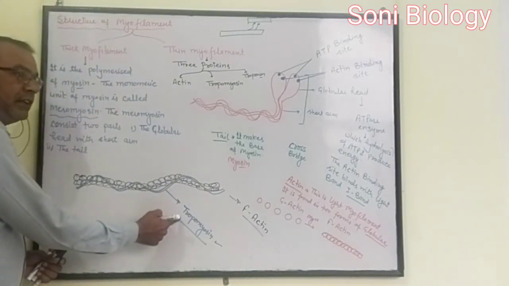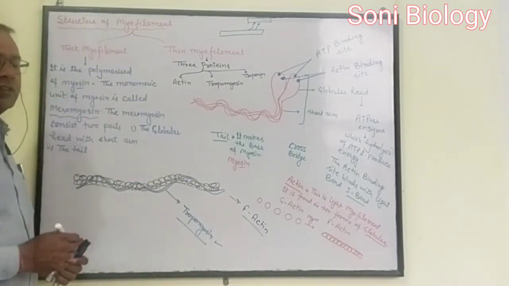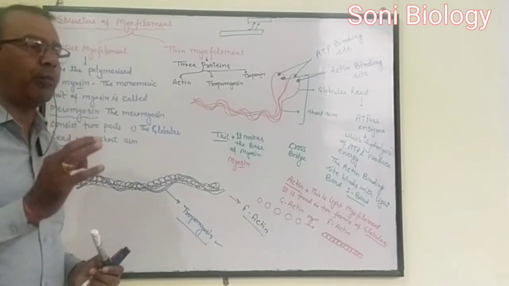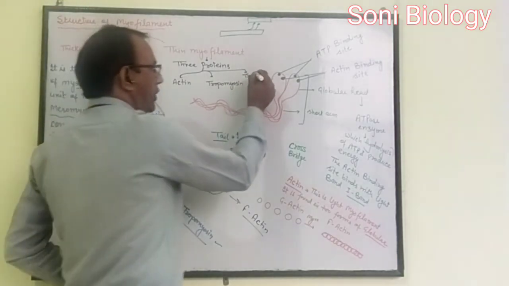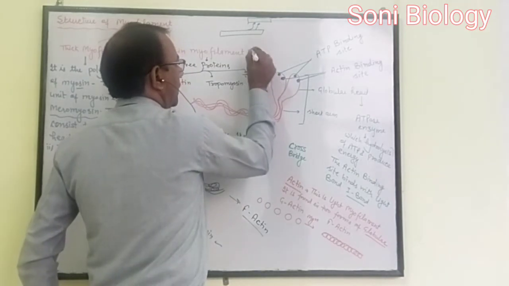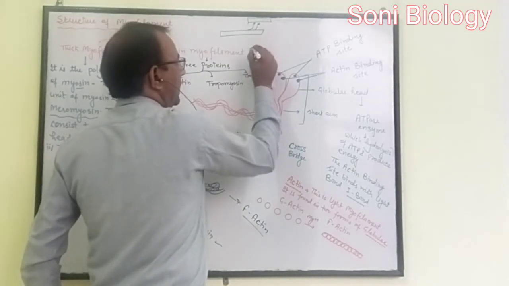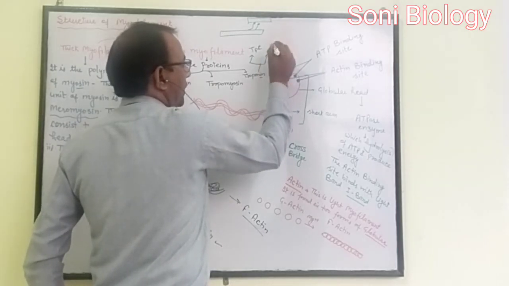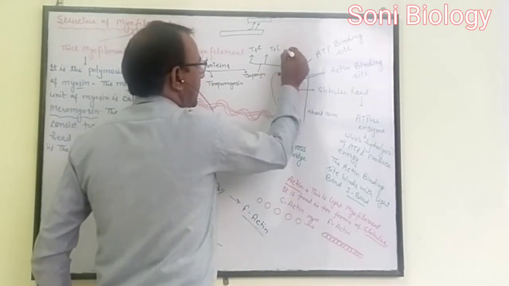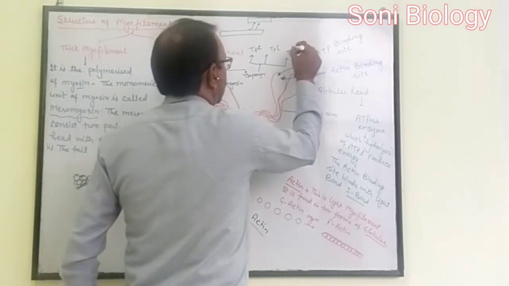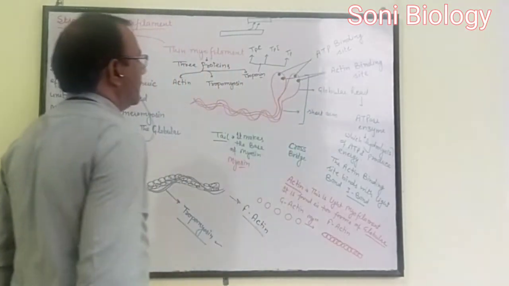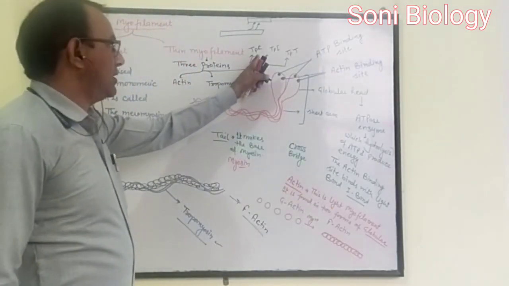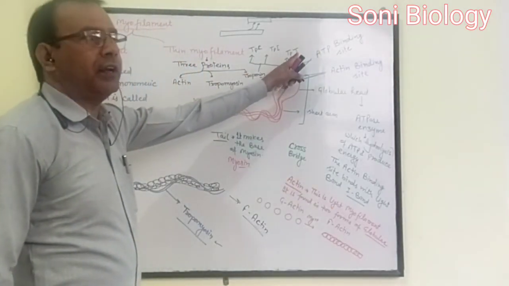At regular intervals on the tropomyosin, there are 3 globular forms of troponin present. Troponin is of 3 types: troponin C, troponin I, and troponin T, also called TPC, TPI, and TPT.